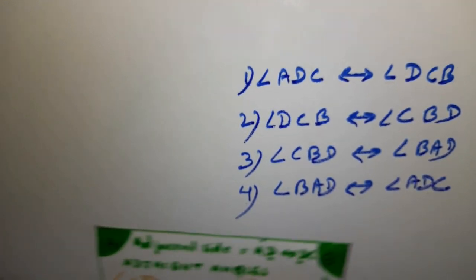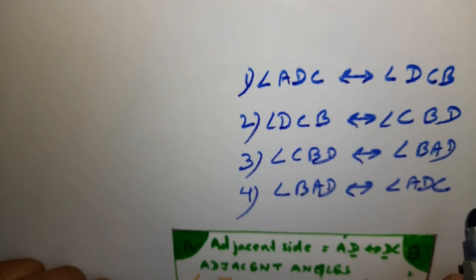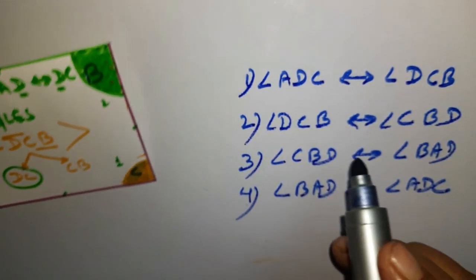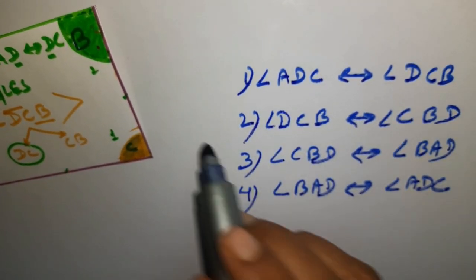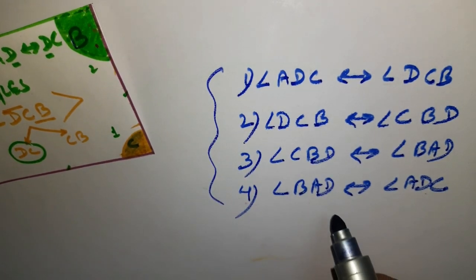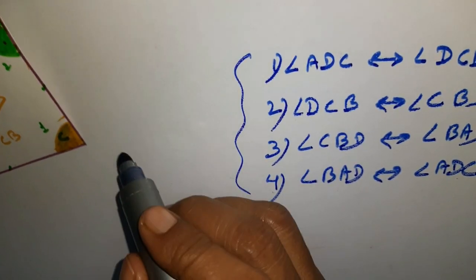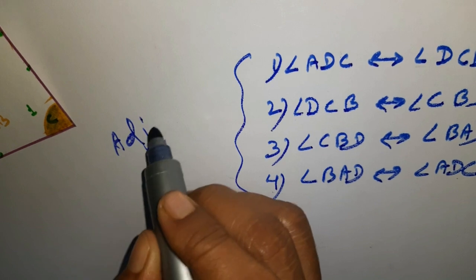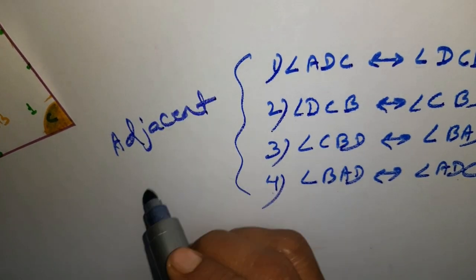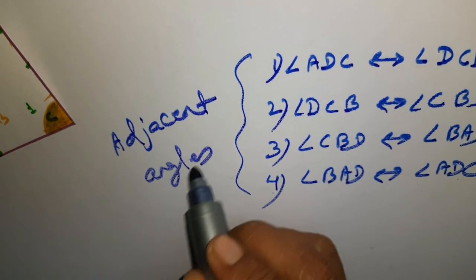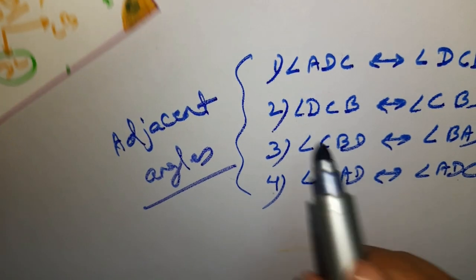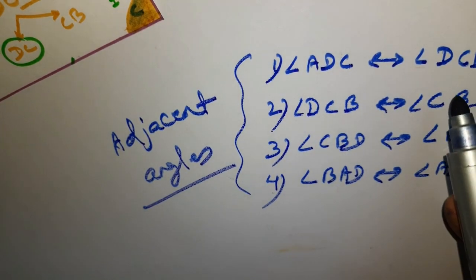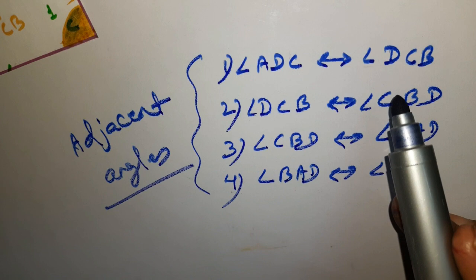Okay, now in each of the cases you have one common arm, and that is why you will say that there are four pairs of adjacent angles. Okay, these are adjacent angles. Understood?